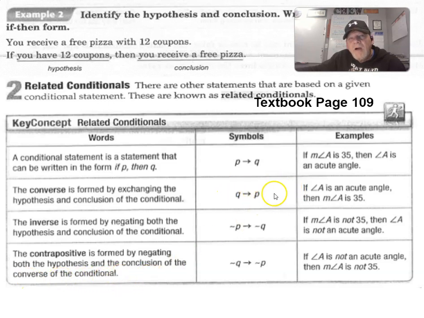So now I take the converse, which means I flipped, then if not Q, then not P. So I go up here to my converse and I put a not after the is here and here. So if angle A is not an acute angle, then the measure of angle A is not 35. So the converse, inverse, and contrapositive are going to be important as we continue to study geometry.